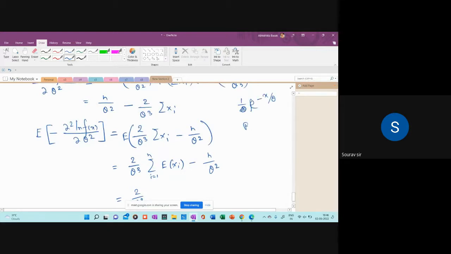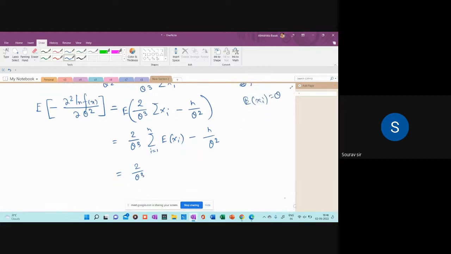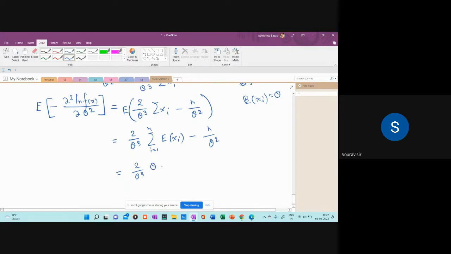So obviously the expectation of xi is theta. So basically it's theta into n minus n by theta square. So I am going to get 2n by theta square minus n by theta square, that is n by theta square. Is it okay?